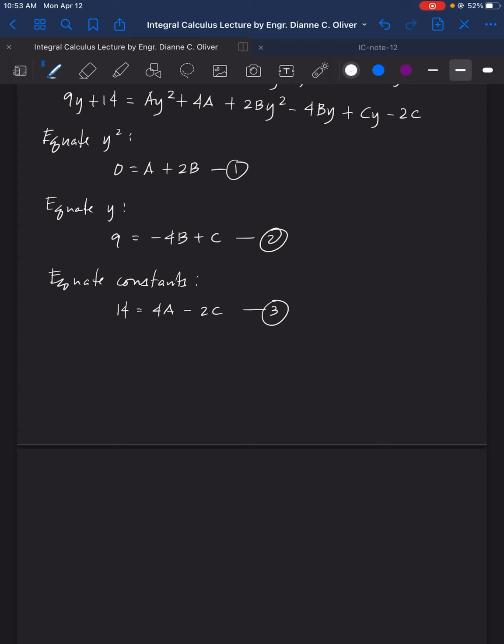Then, if we want to remove C, we will concentrate on equations 2 and 3.